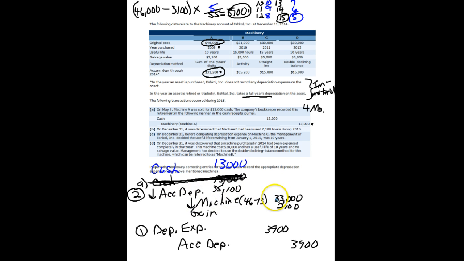The machine has a total credit of 46,000, which is its cost. And so we have these two debits minus that credit. We should have a credit to the gain of $2,100 then, and we would be correct. But again, when you make your correcting entry, you'll leave out what is in blue when you're over on Wiley Plus. Okay, I'm going to stop. I'm going to erase everything I did, and I'll come back and we'll do B.